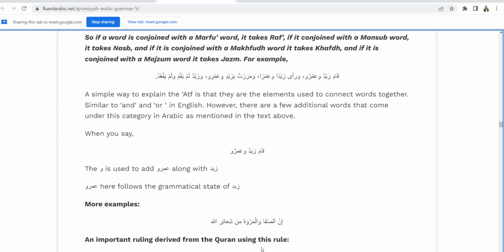But the problem here is we need to know the tools of conjunction, of atf. Like in English, we have "and" and we have "or". In Arabic, we need to know those tools. Continue.